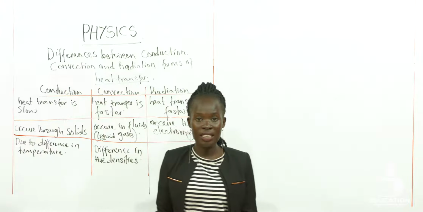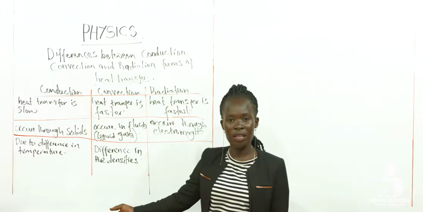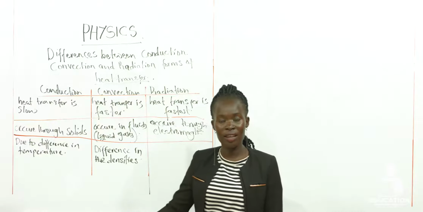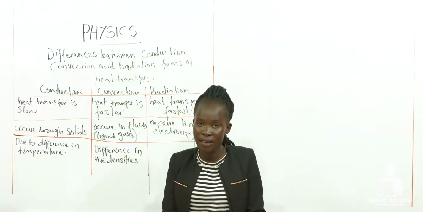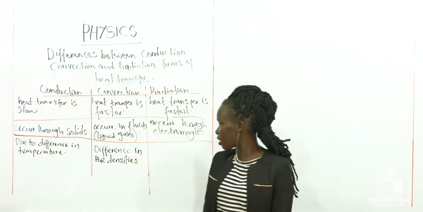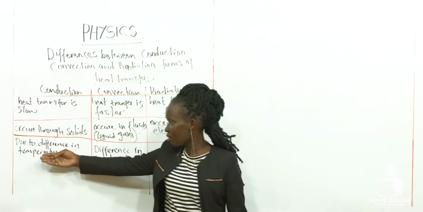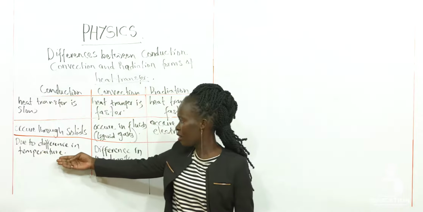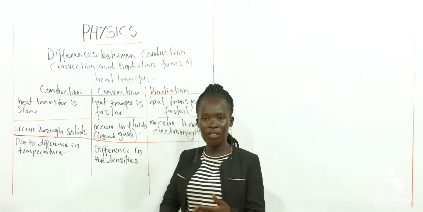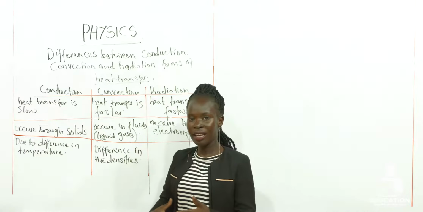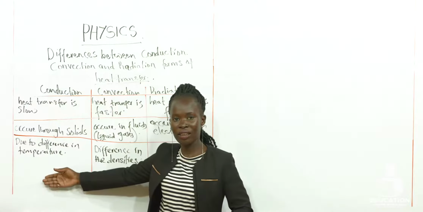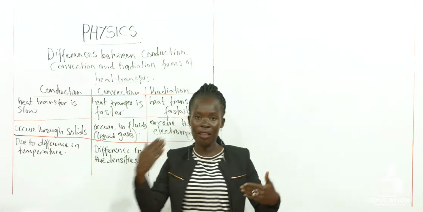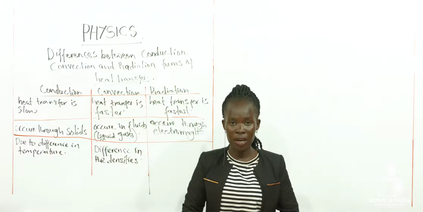So if it doesn't change in mass, does it mean that it will change its density? No, the density will remain intact. There will be no change in that. And for radiation, it doesn't actually consider a difference in temperature. It just comes and the body absorbs the radiation.